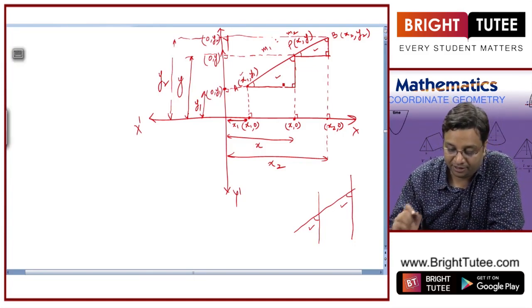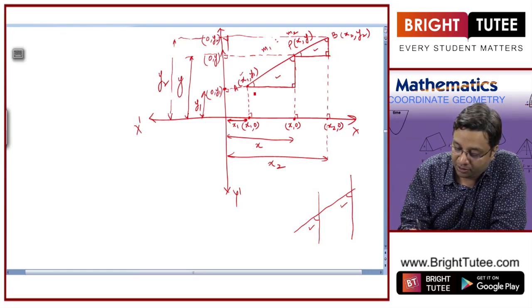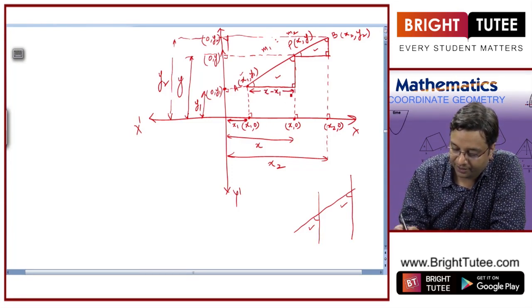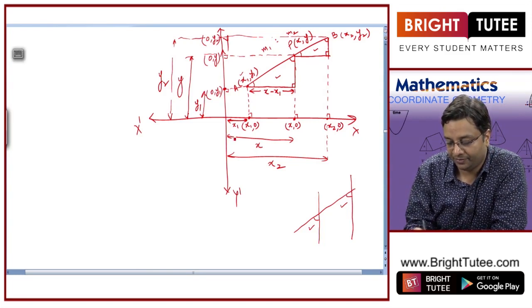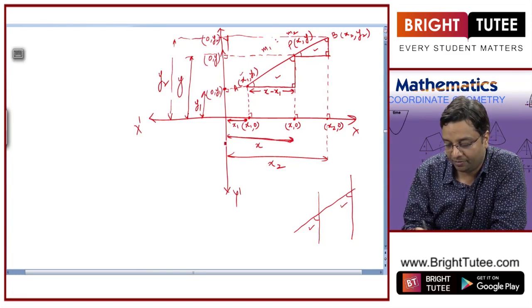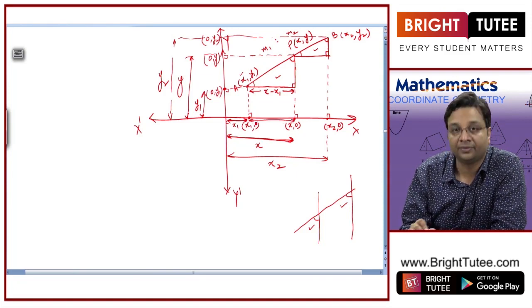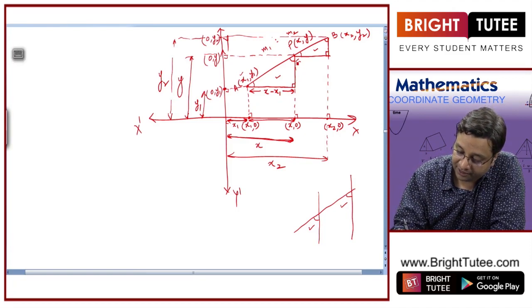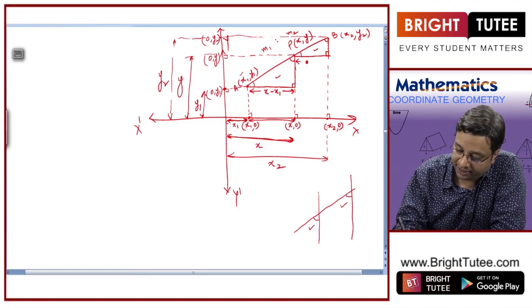So these two triangles are similar, and let's talk about the sides of these triangles. This side is x minus x1, because this distance x minus this distance x1 will give you this distance. So this is x minus x1, and this one is x2 minus x.